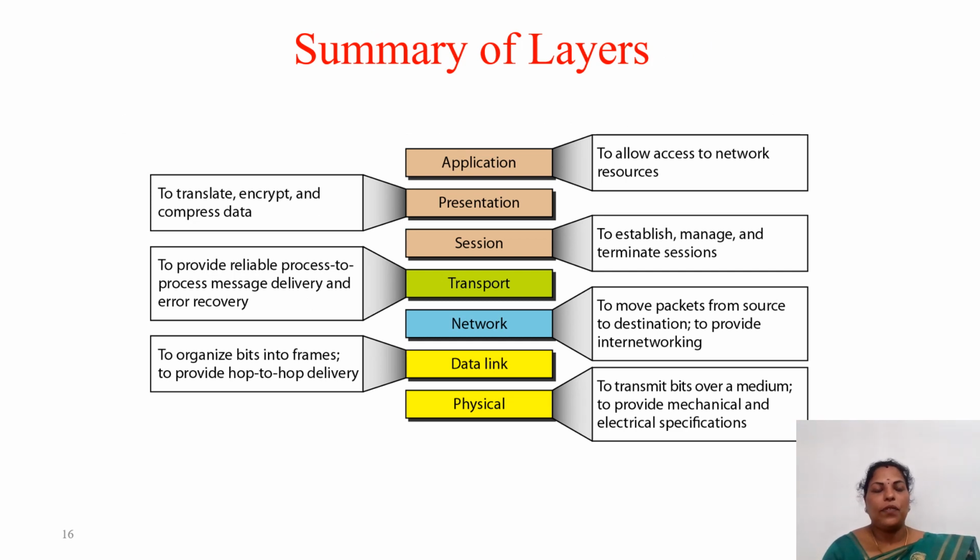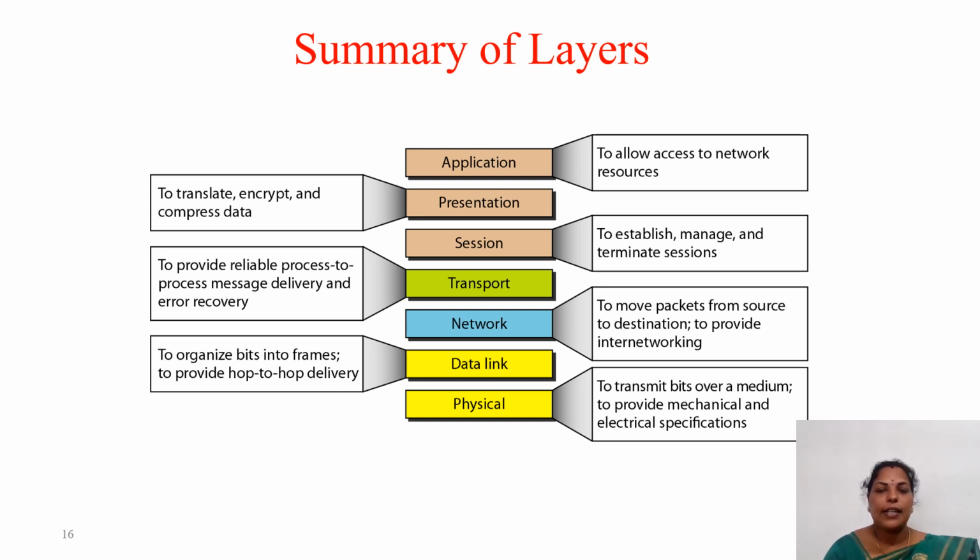This is the summary of layers. Totally 7 layers are there. Physical layer transmits bits over a medium to provide mechanical and electrical specifications. Data link layer organizes bits into frames and provides hop-to-hop delivery, that is node-to-node delivery. Network layer moves packets from source to destination to provide inter-networking. Transport layer provides reliable process-to-process message delivery and error recovery.